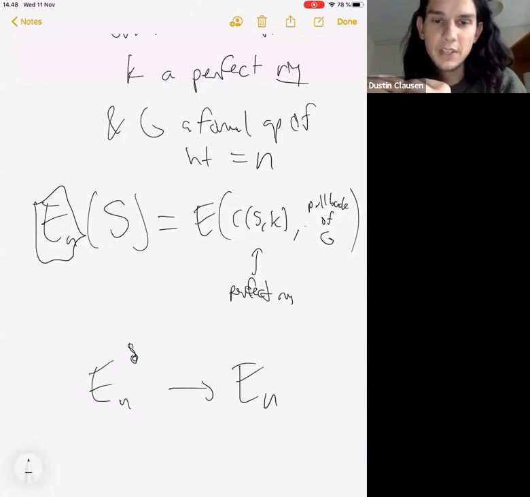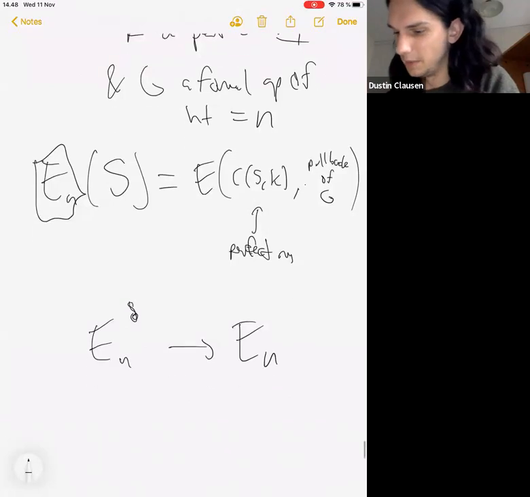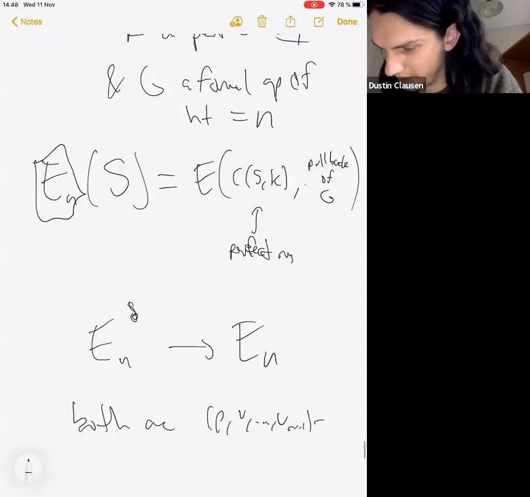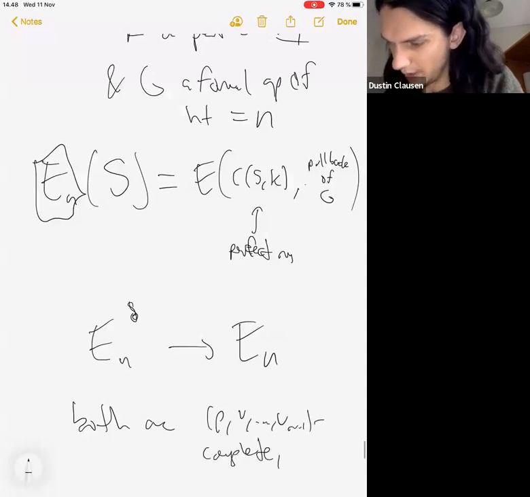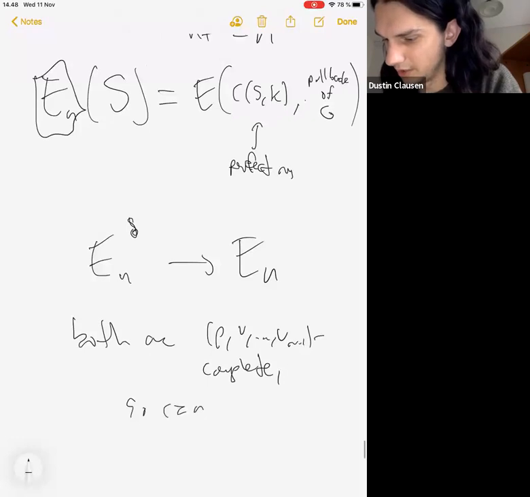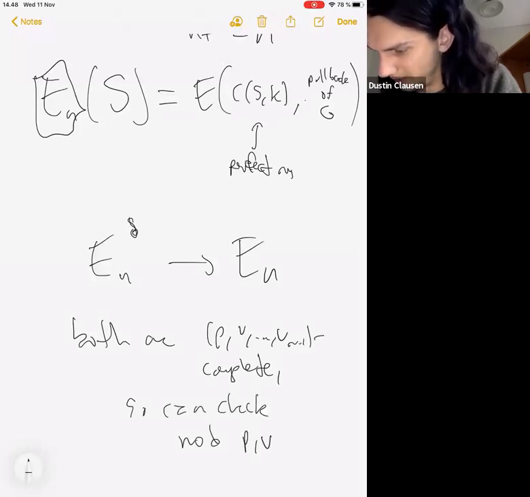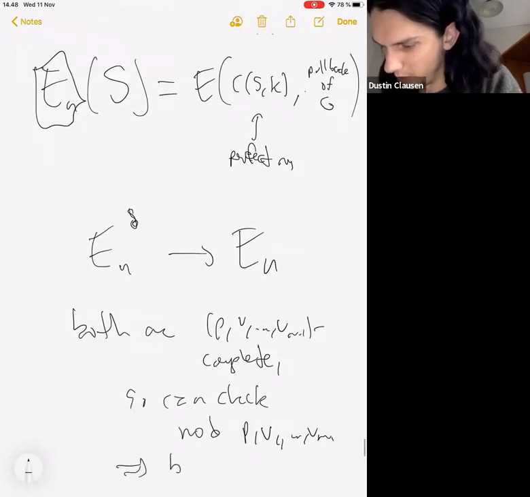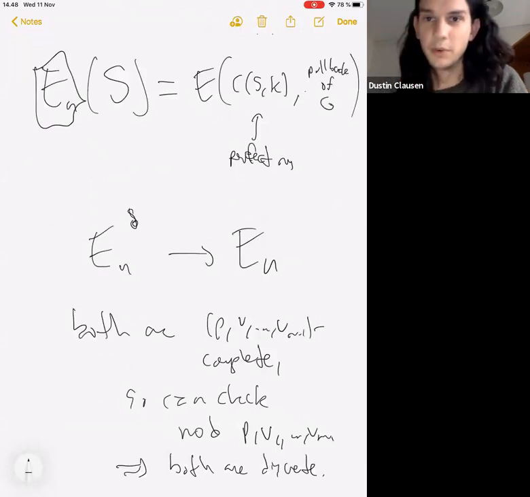And you just have to check that you get an isomorphism on S-valued points, but both sides are (p, v_1, up to v_{n-1})-complete. So we can check mod (p, v_1, up to v_{n-1}), and then both are actually discrete, and it's an isomorphism on the point.